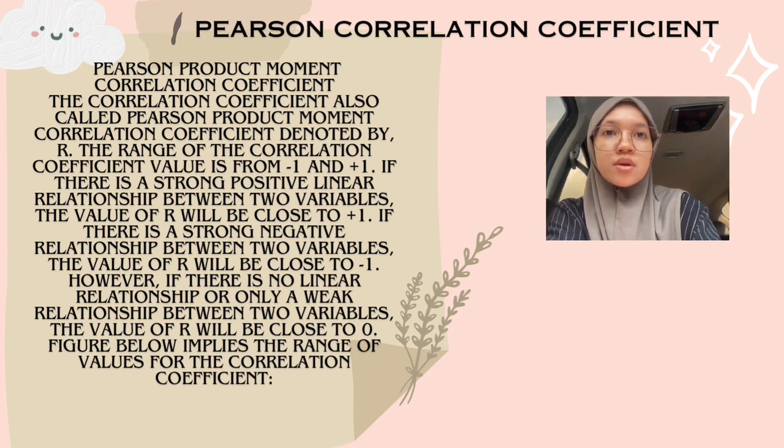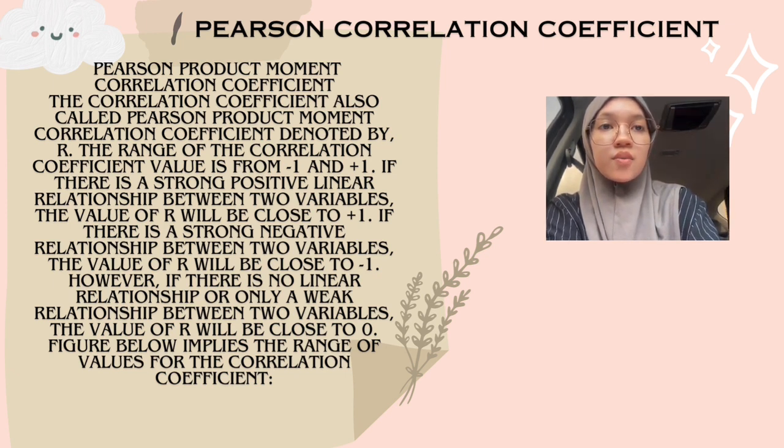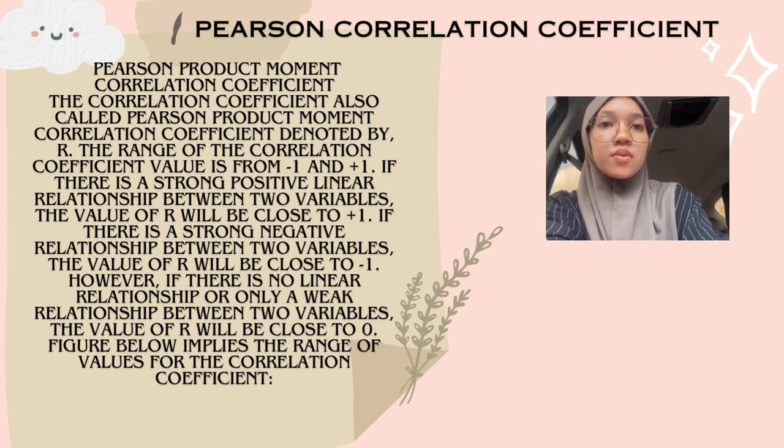Pearson product moment correlation coefficient is also called Pearson product moment correlation coefficient, and the range of the correlation coefficient value is from -1 to +1. If there is a strong positive linear relationship between two variables, the value of r will be close to +1.